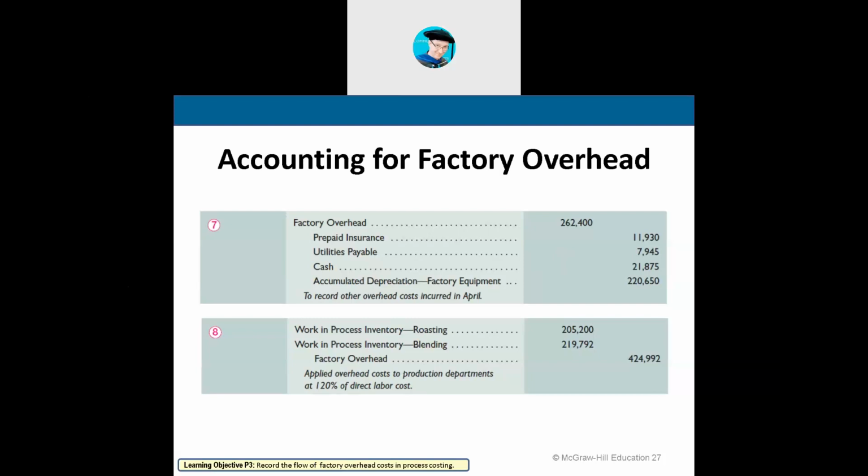And we apply our factory overhead by taking that total amount and debiting work in process for each department and crediting factory overhead. This shows you how we apply cost for direct materials, direct labor, and factory overhead to each department as it moves down the line. Right?